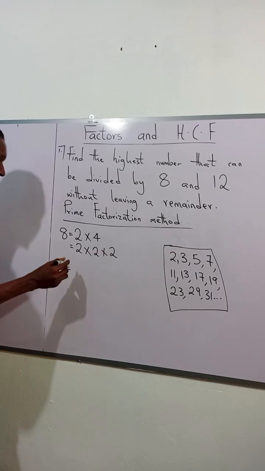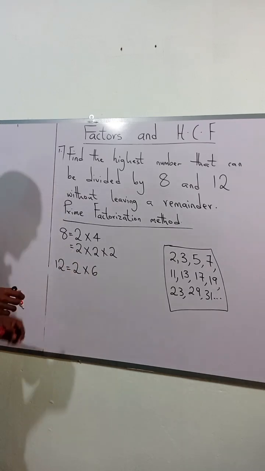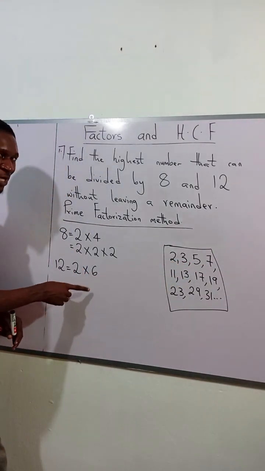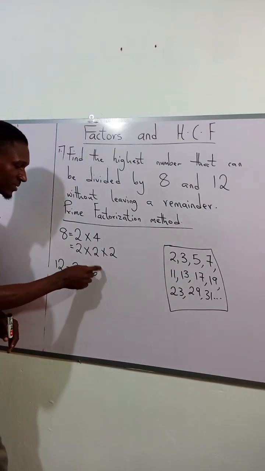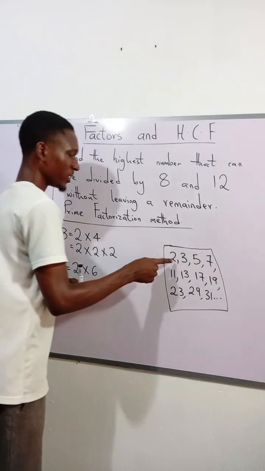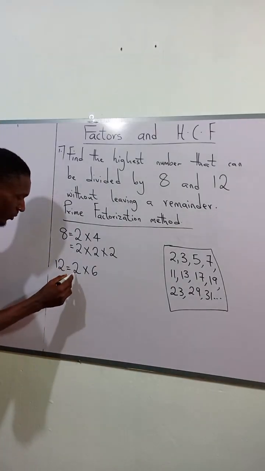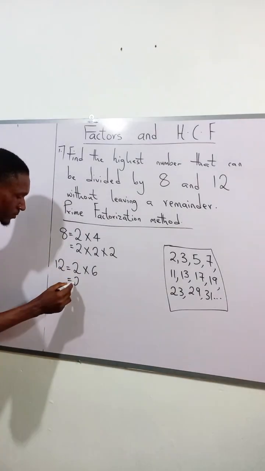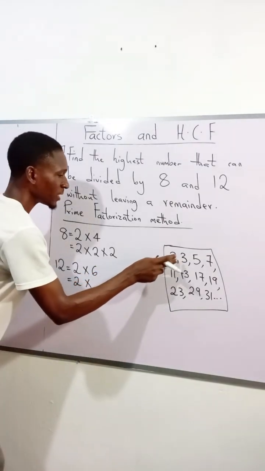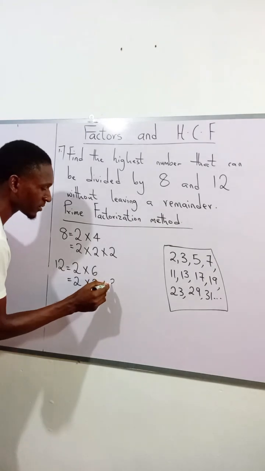We can also convert the 12 using 2, which is 2 multiplied by 6. And 6 is not a prime number, and we don't want to see any number that is not prime here. Therefore, we are still going to change this 6 again. How can we change 6? We can get 6 by doing 2 multiplied by 3. So this 6 changes to 2 times 3.